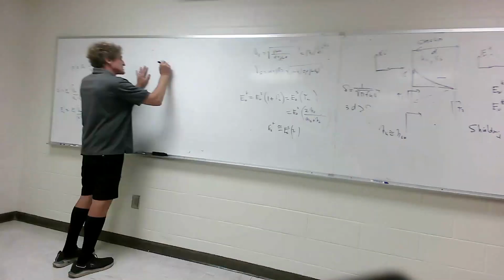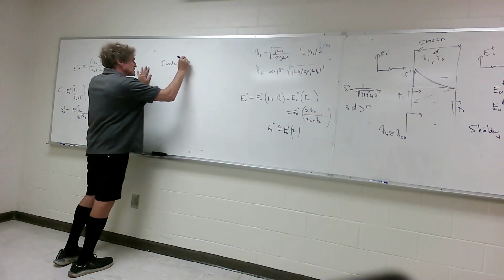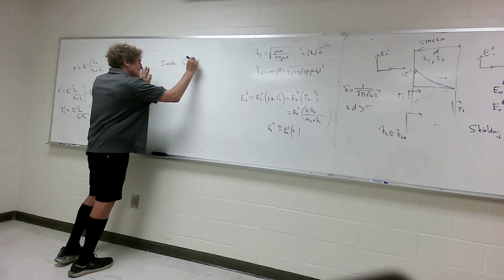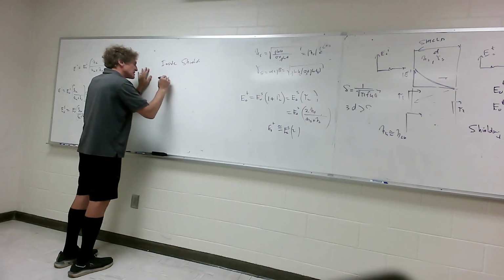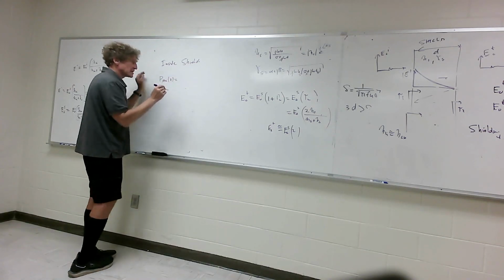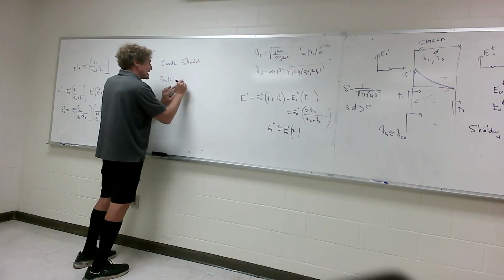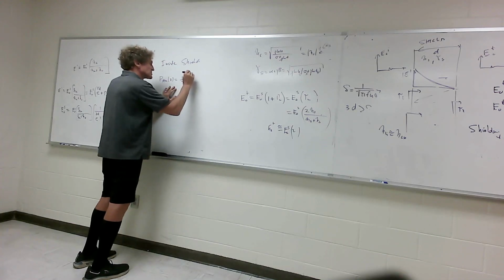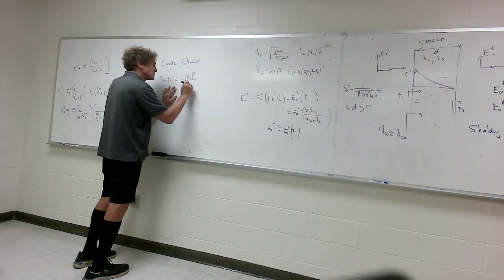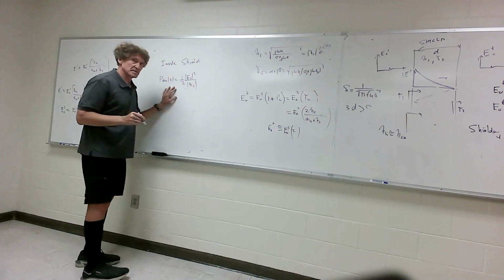Inside the shield, when we take a look at the average power density, it's equal to 1/2 the magnitude of the electric field in the shield at whatever point you're at, squared over the magnitude of eta shield.